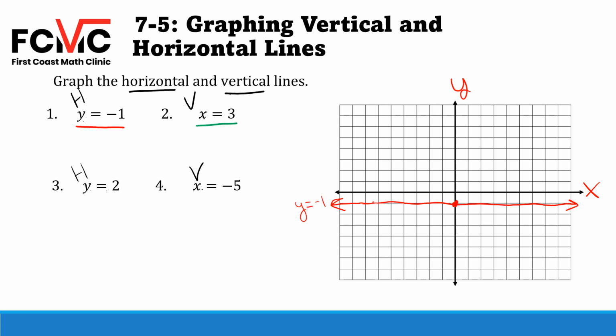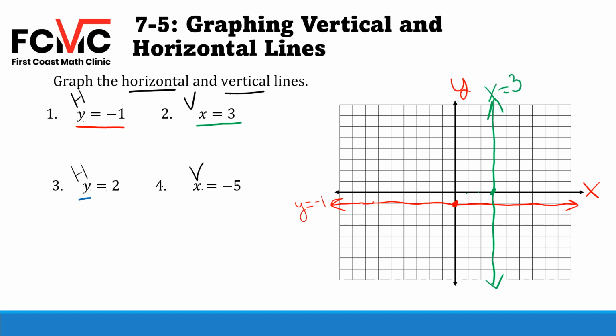Number 2, x equals 3. So I'll find 3 on the x-axis. 1, 2, 3. And we know this is going to be a vertical line, so we can draw our vertical line here. So this is x equals 3.